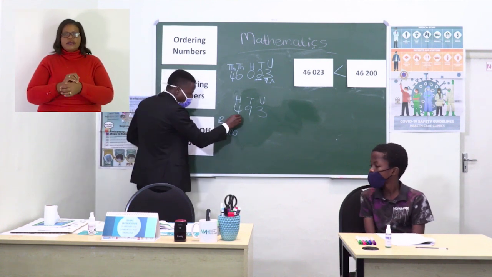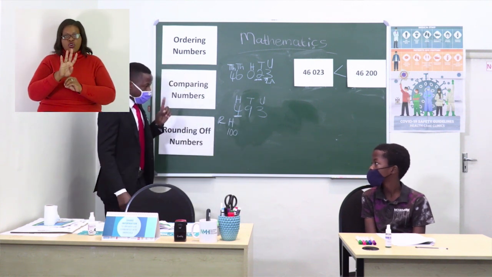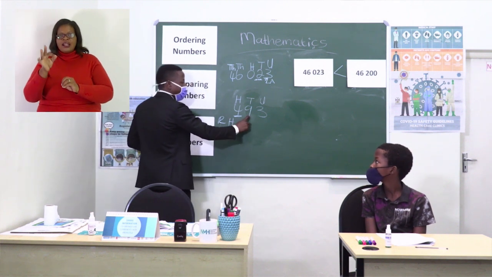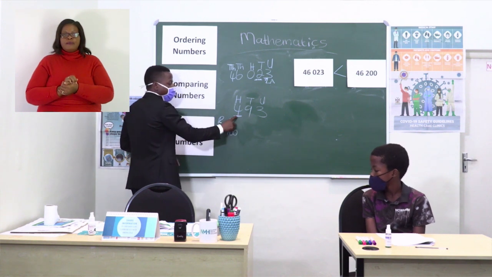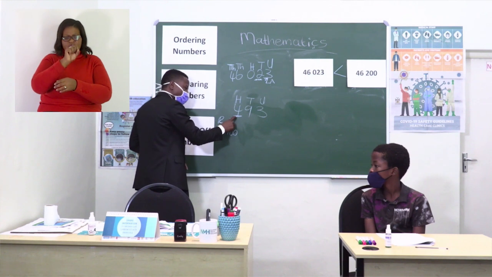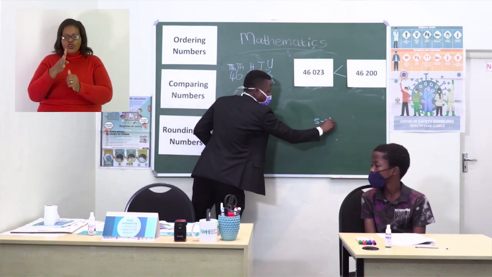So that number will be a 4. Remember, there is a number you need to look at, which is 9. Ask yourself a question, can 9 change 4? Yes, 9 can change 4 because 9 is in this category.